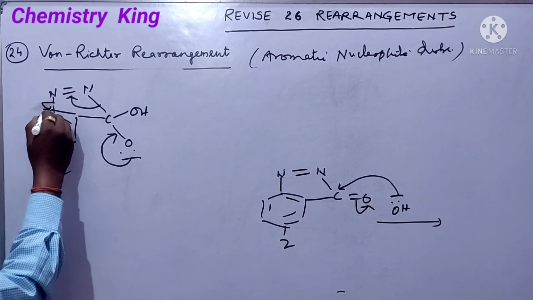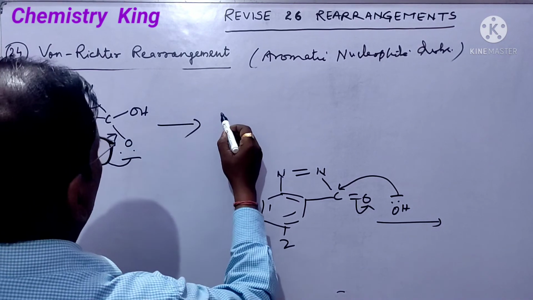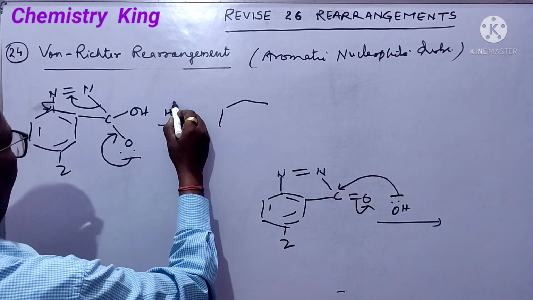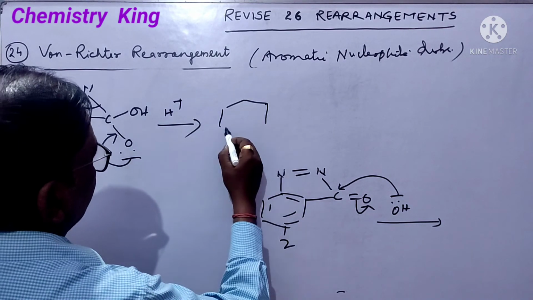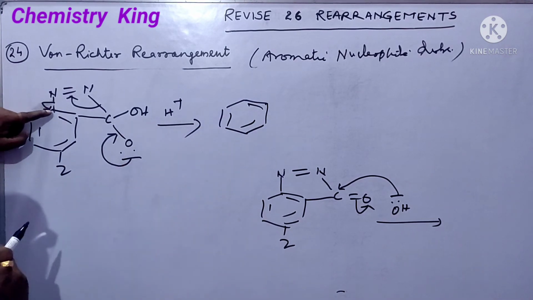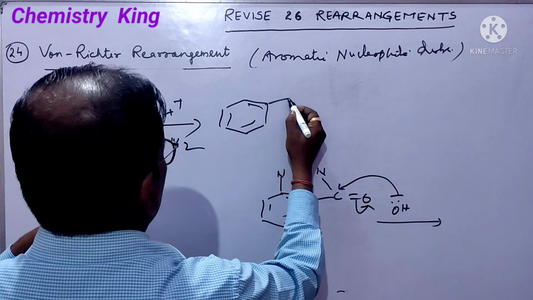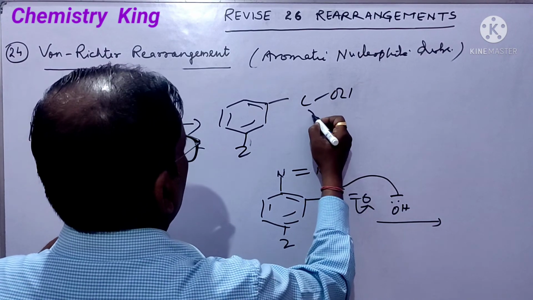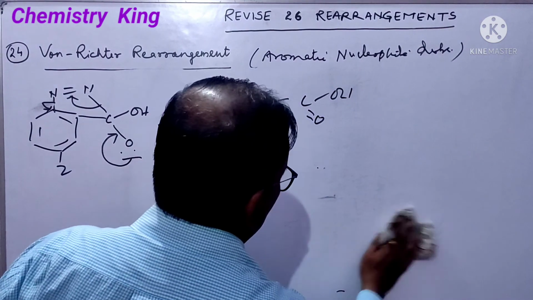It will come here. Then negative charge will be here, okay? And H plus from water will come here because negative charge is here. And hydrogen, this H plus will come here, and nitrogen gas is eliminated, and here it is Z, and here COH double bond O. You will get this. It is carboxylic acid.